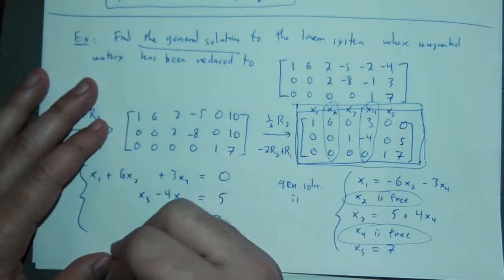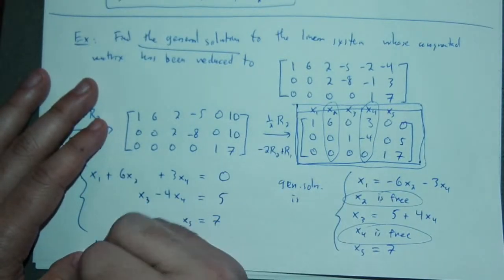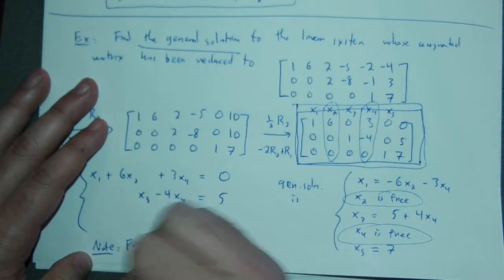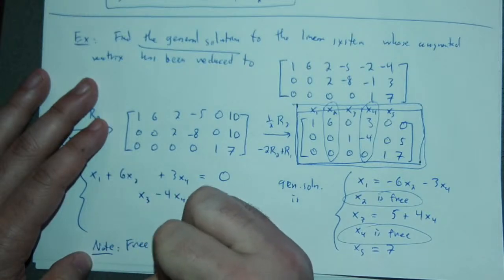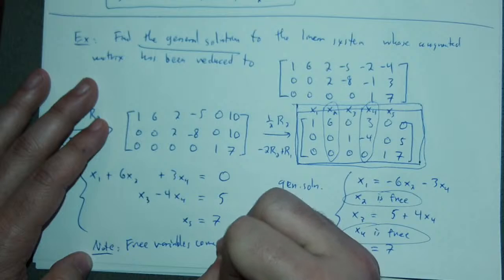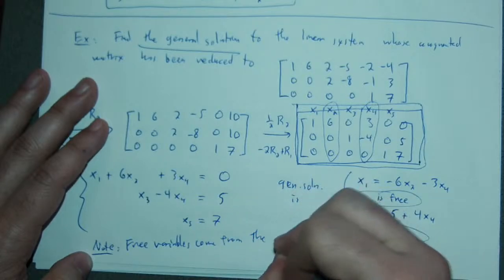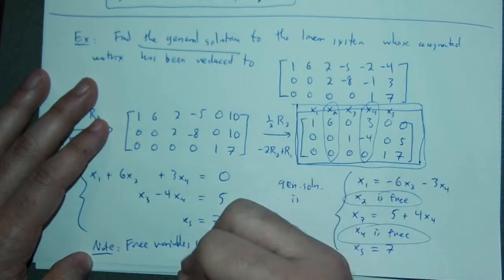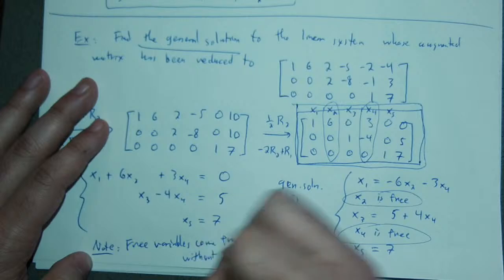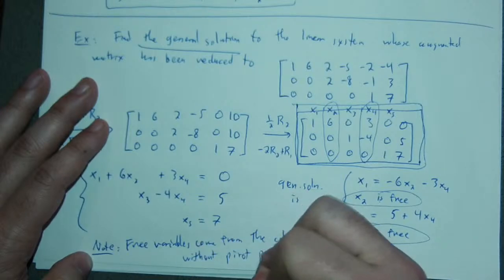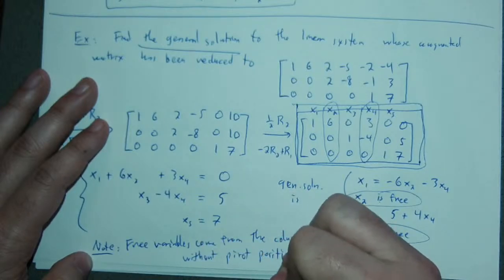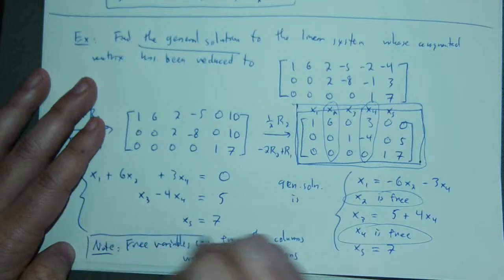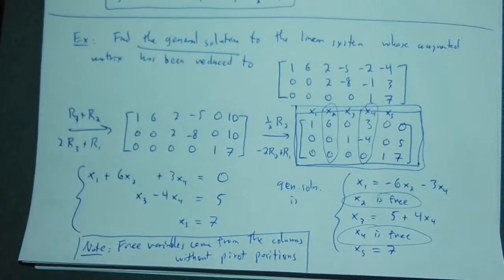So note, free variables come from the columns without pivot positions, so the non-pivot columns. We are going to discuss this at length a bit later, but this is the idea here.